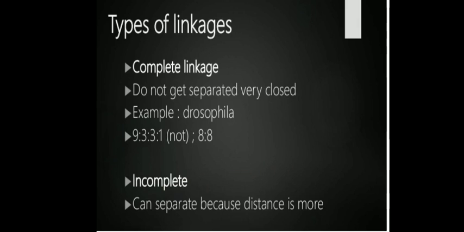Incomplete linkage means they can separate because of distance. When the distance between the two units is more, they can separate from each other, and such linkage is known as incomplete linkage.